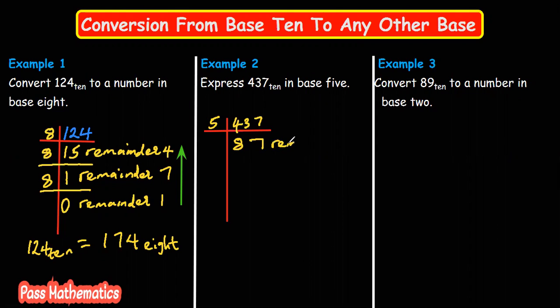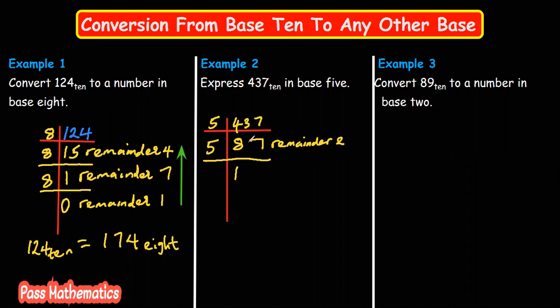So we should have a remainder of 2 here. So we write it down. And then we continue again until we get to 0. 87 divided by 5. So let's pick 8 here. 8, how many fives do we have? 8 is just one time.